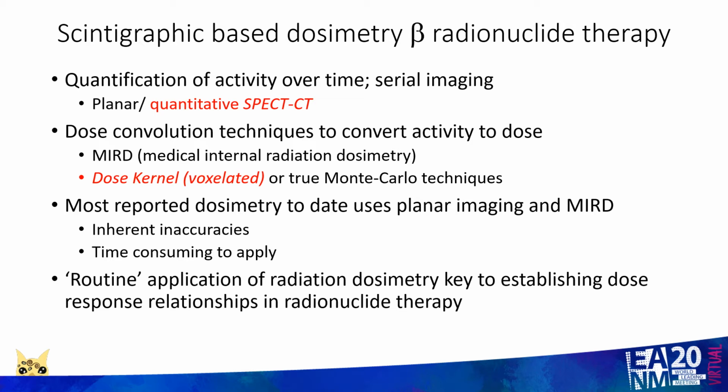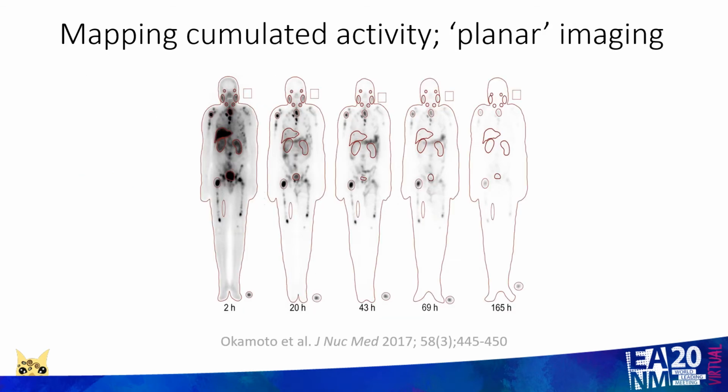The problem is that planar imaging and MIRD both incur inherent inaccuracies in the radiation dosimetry, and perhaps even more importantly, are very time-consuming to apply, and perhaps explain the rather limited use of radiation dosimetry in radionuclide therapy, for which I'm a firm believer that routine application is the only way that we're going to establish dose-response relationships.